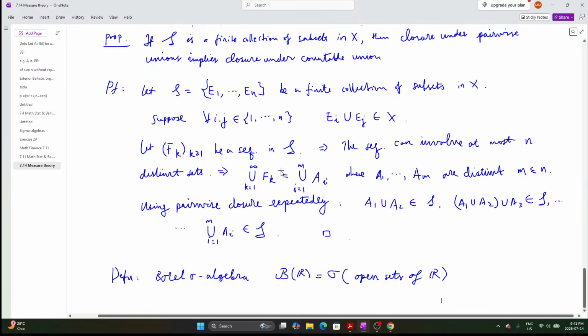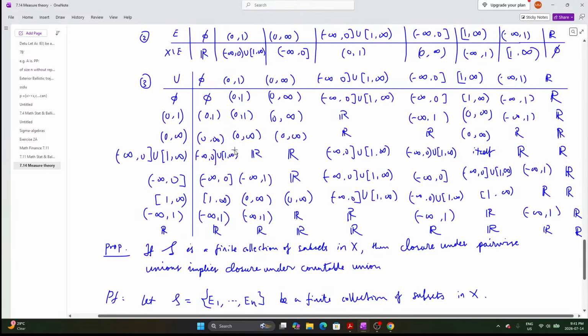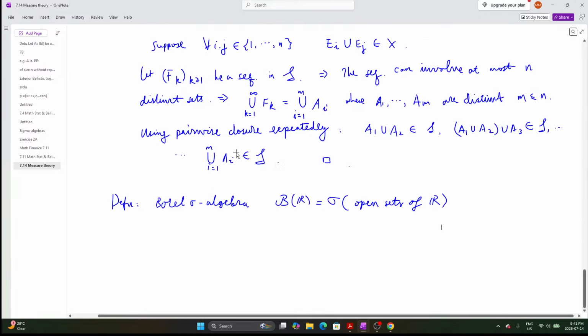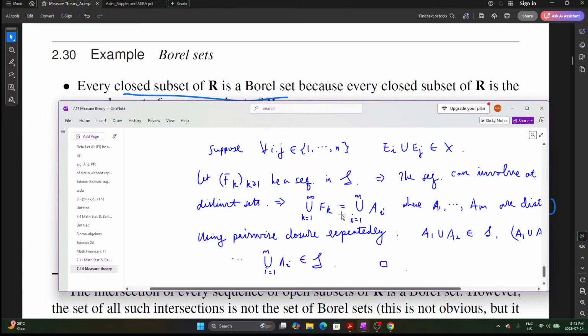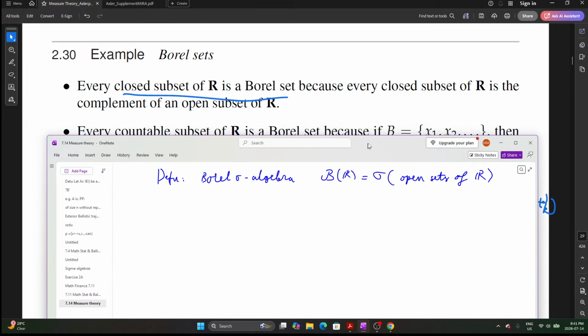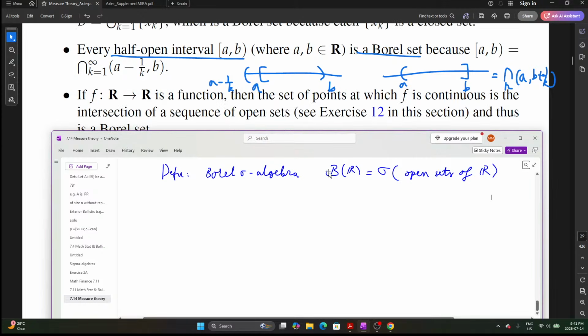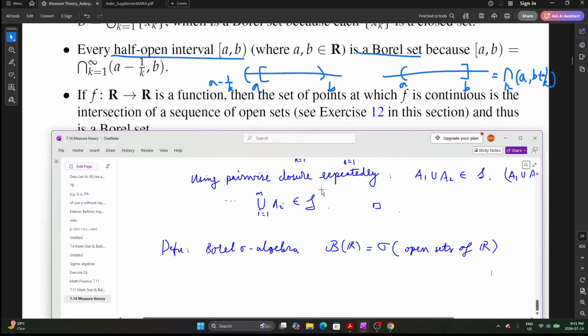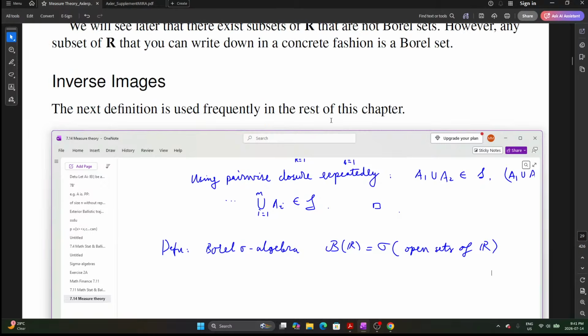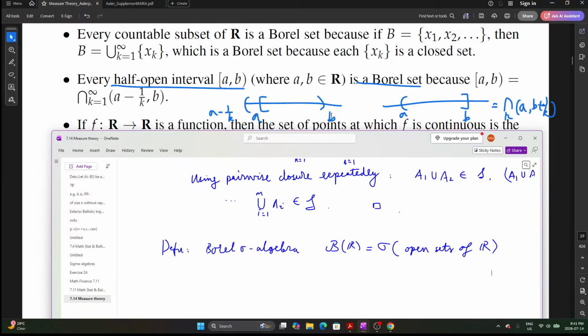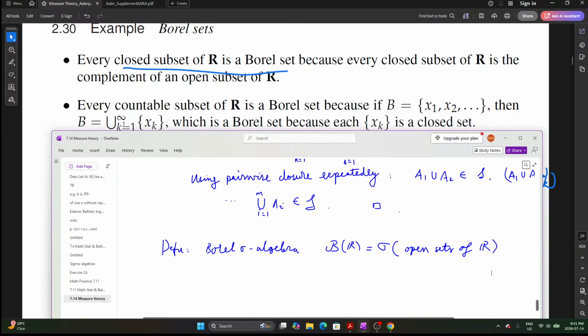For this finite collection, we need to do some work. In general, proving a collection of subsets is a sigma algebra is not easy. So you need more machinery, which we will introduce later, like the monotone class theorem, to establish that a collection is a sigma algebra. All right. So let's continue with these examples.